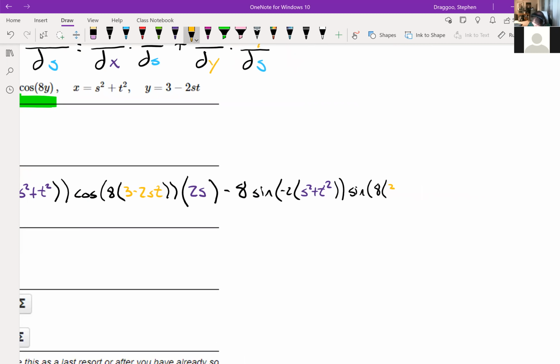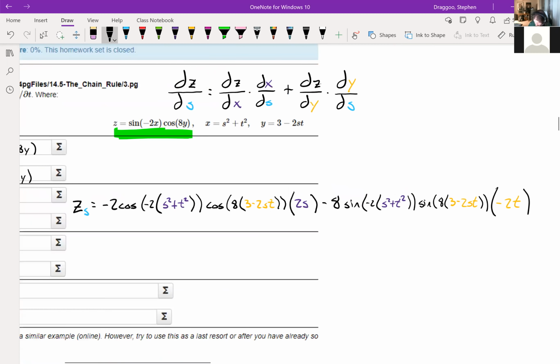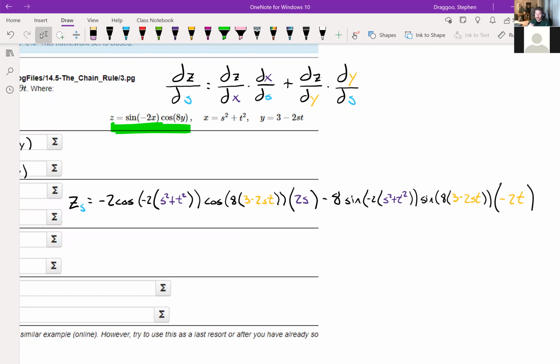I've got 3 minus 2st. Multiply that whole thing by the derivative of y with respect to s. All right, hopefully we can zoom out and collect all of that.